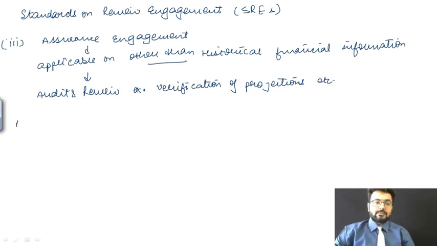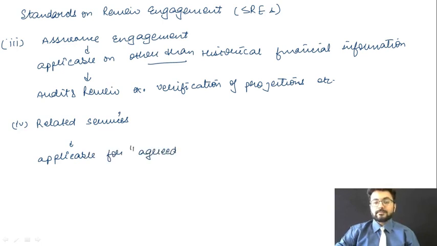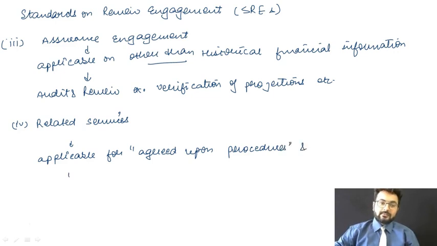Now the fourth one, this is all about related services. There are some other kind of related services which form a part of the engagements in order to carry out the assurance. Related services over there refers to agreed upon procedures and other related services.